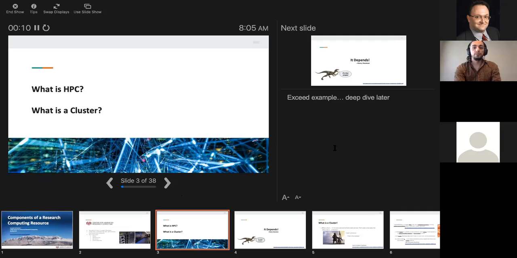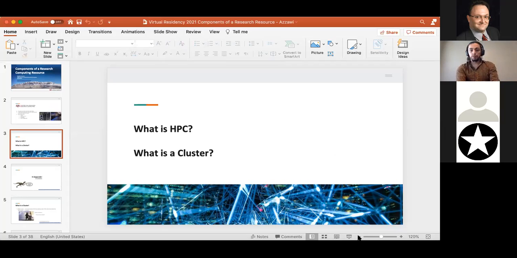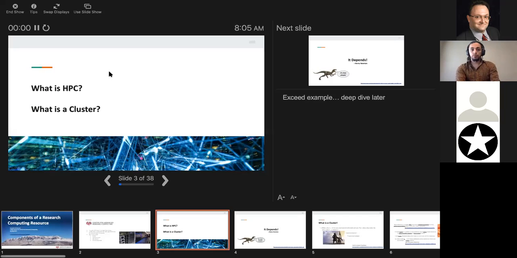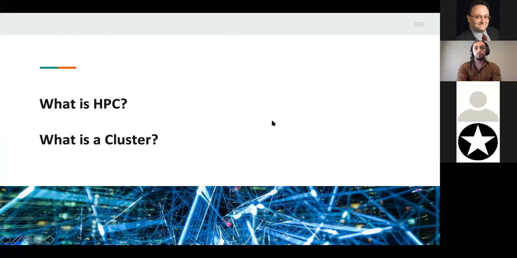It goes actually to smaller slides. When you press the swap display button, go back to the presentation mode and click on swap displays. I have two monitors here. Yeah, click on swap displays. Yeah, much better. Thank you. Okay, so I need to shift the screens because I have the chat open here on the side.